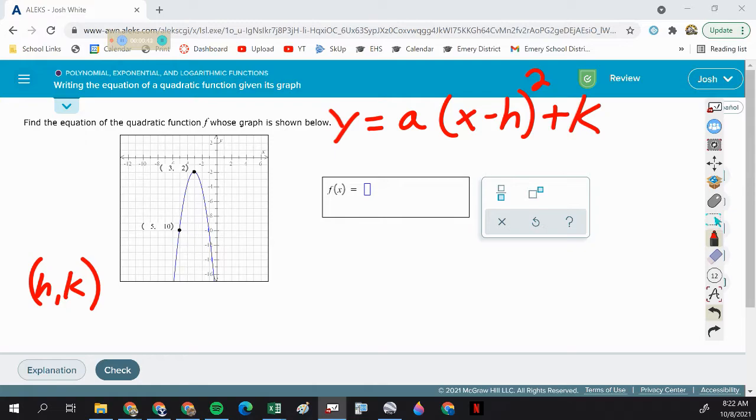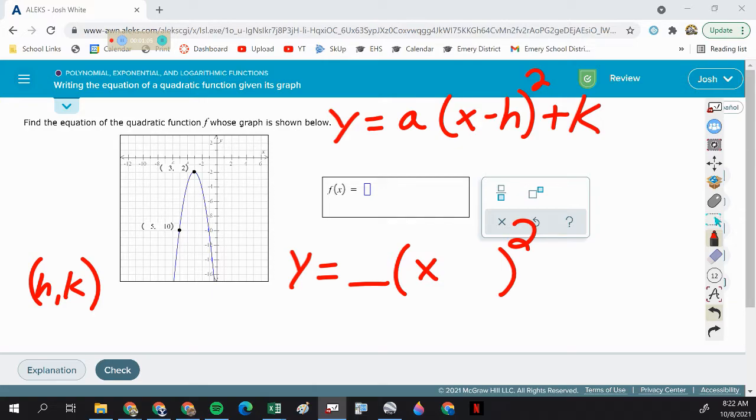But notice in the equation, the h is going to have the opposite sign of the true value of the x portion of the vertex. So this equation is going to be y equals some number times x what? Plus 3.